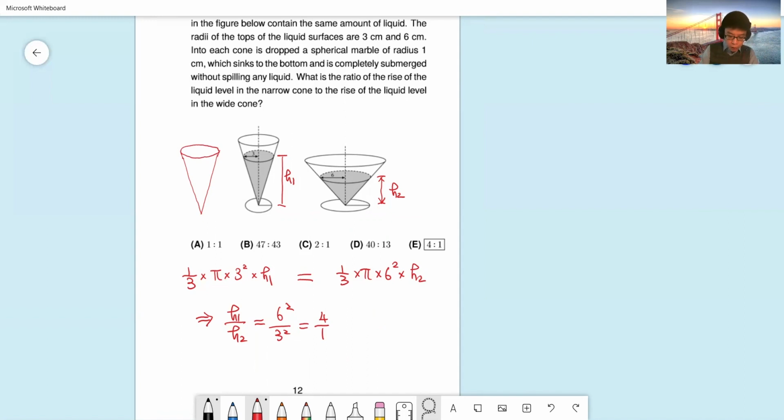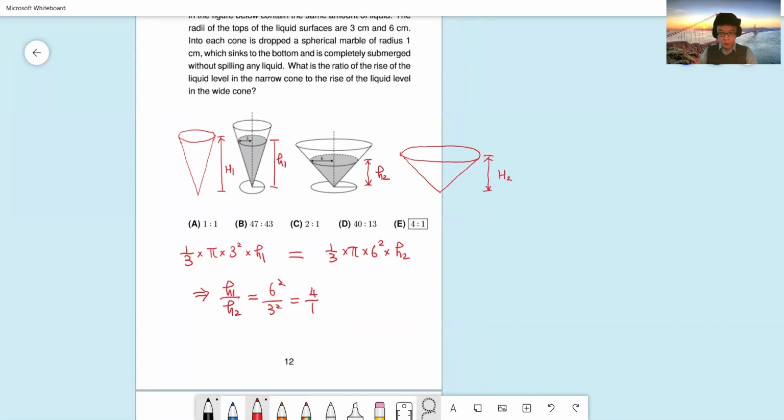Suppose this is a new h, and on the right we also have a new h. Since they scale, and the new volume is still the same, for any volume we have the same shape.